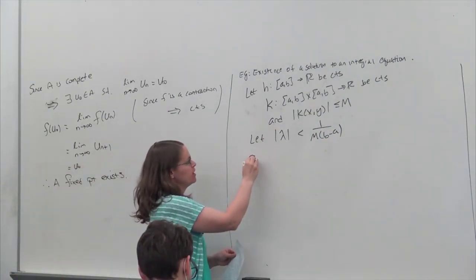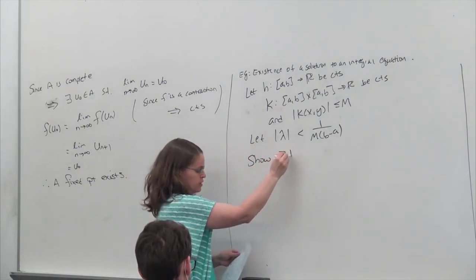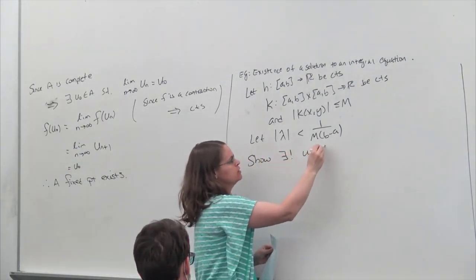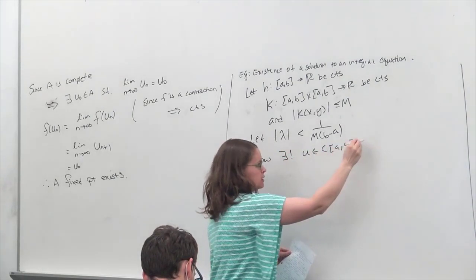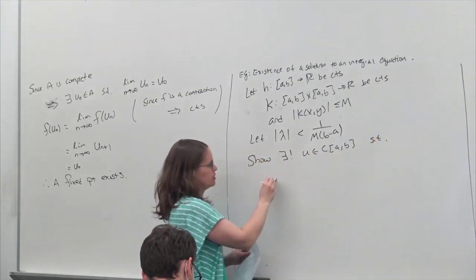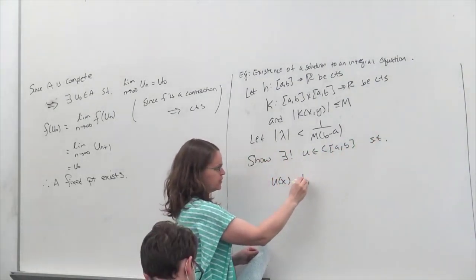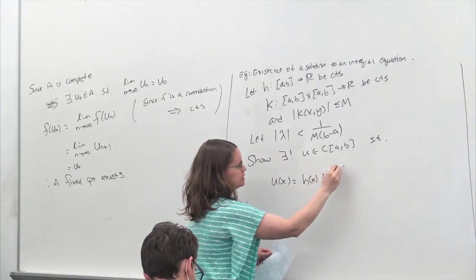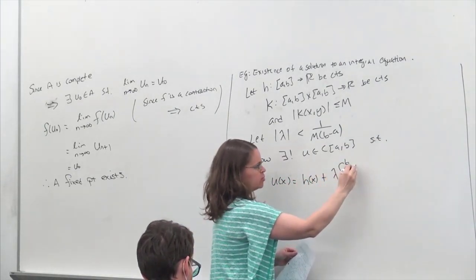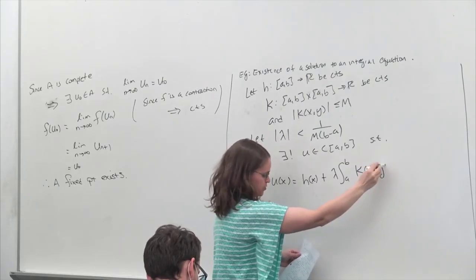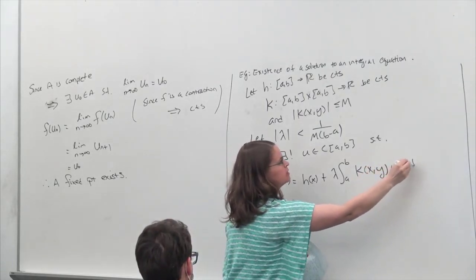And we want to show that there exists a unique continuous function that satisfies this integral equation. u is equal to h plus lambda times the integral from a to b of k of x,y, that's the kernel, times u of y dy.